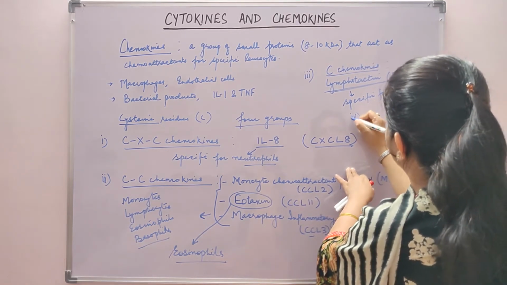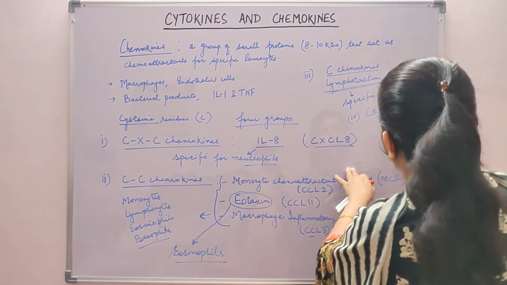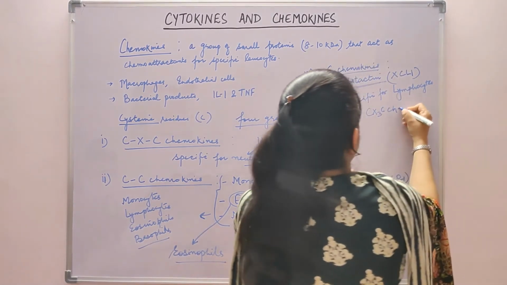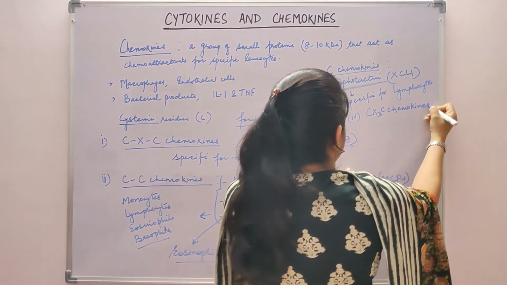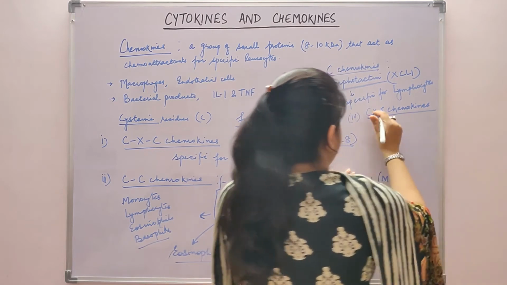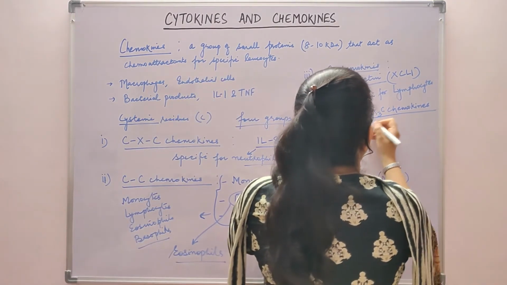Fourth is CX3C chemokines. So they have 3 amino acid residues between the 2 cysteine residues.